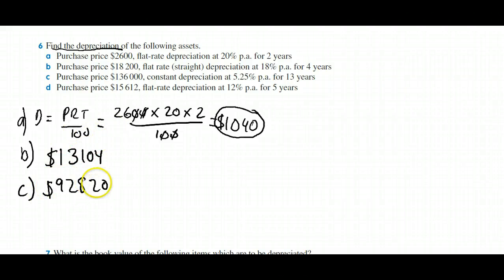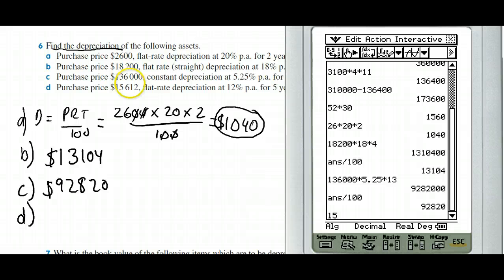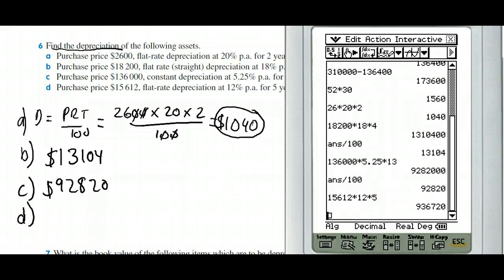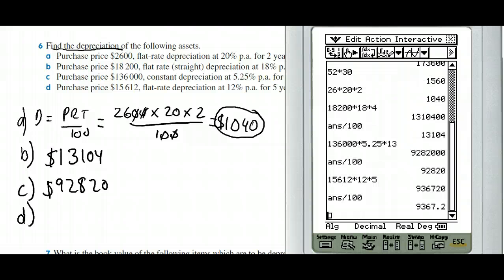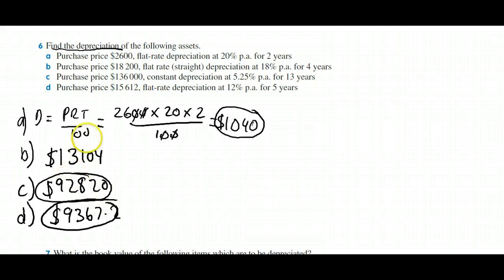And finally, in D, the purchase price is 15,612, and the interest rate's 12, and it's for 5 years. And we divide all that by 100. So 9,367.2. So there we go. There's the depreciation of each of those assets.